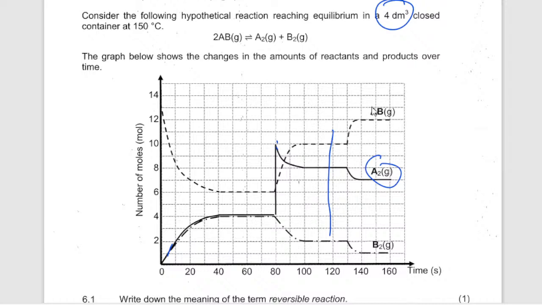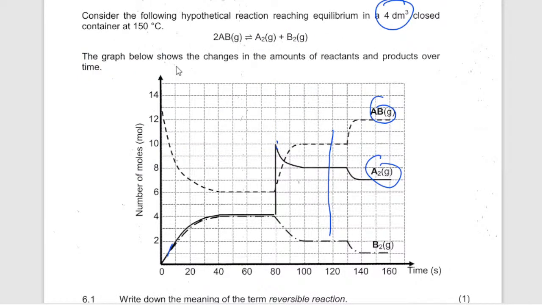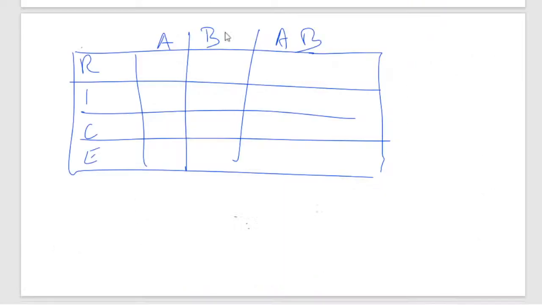So AB is the product now, and the one which was a product before, now it became a reactant. So A and B are reactants, that's why I put them on this side. Based on the mole ratio, this is 2, and these are 1 and 1.